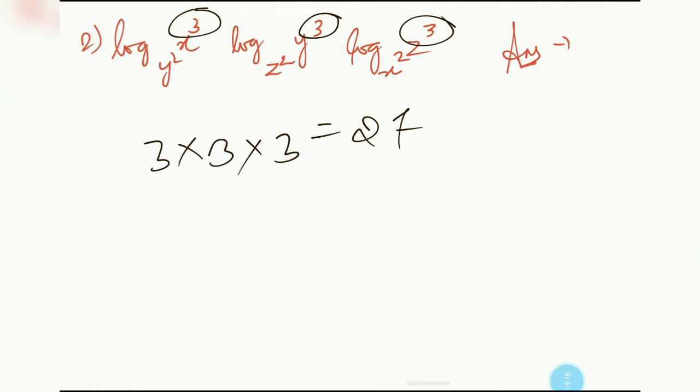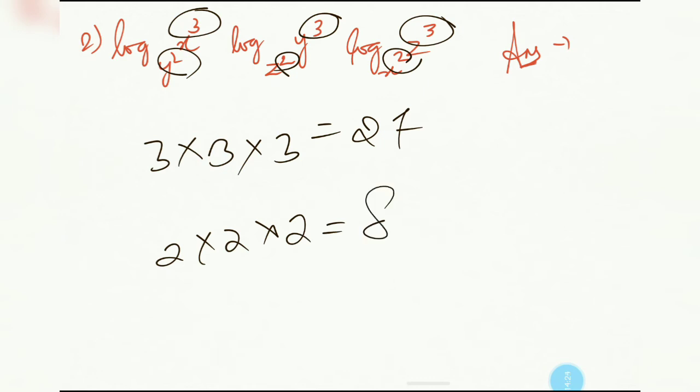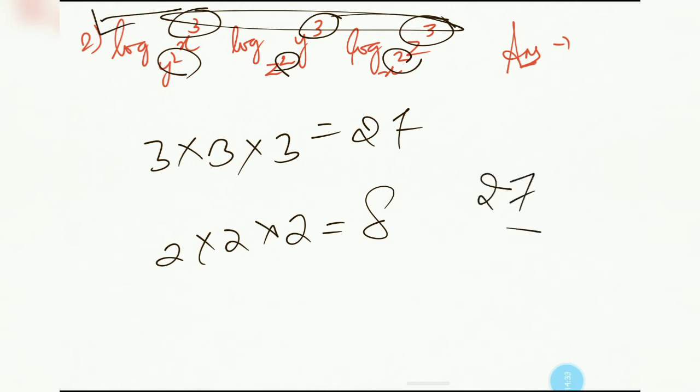Now multiply the bases' powers. 2 into 2 into 2, what is it? 8. Now these top powers will go in the numerator, right? So 27, and the bases' powers will be the denominator. So 27 by 8 log x to the base y, log y to the base z, log z to the base x.